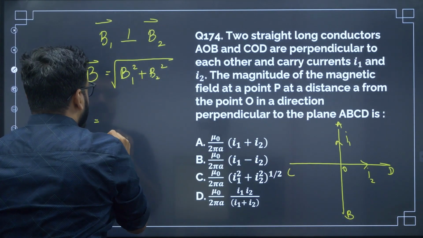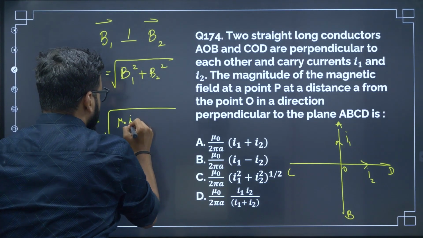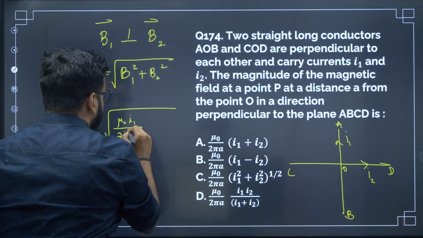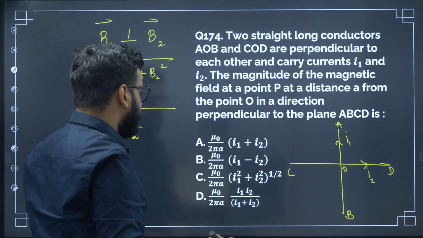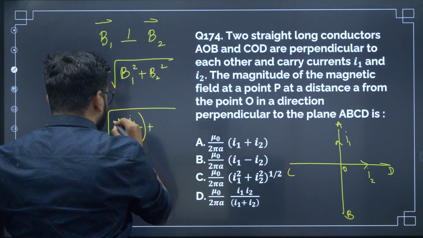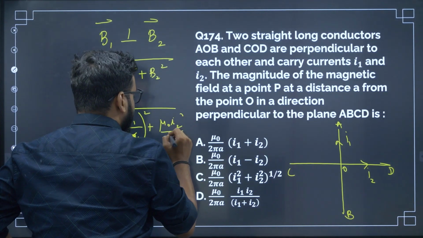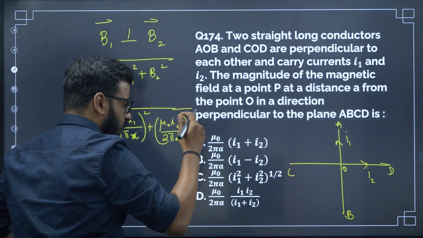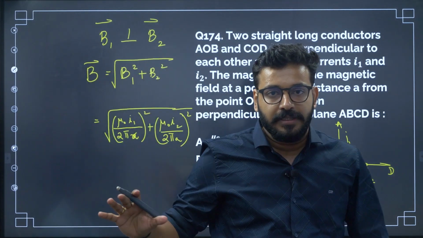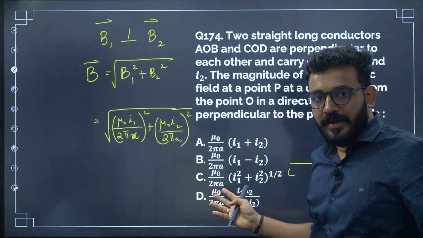Now what are B1 and B2? B1 is simply mu naught I1 divided by 2 pi r, which all of you know. With distance a, it is mu naught I1 by 2 pi a, whole square, plus mu naught I2 by 2 pi a, whole square, everything under root. Now it's a simple mathematical simplification. You can look at the options and directly find the answer.